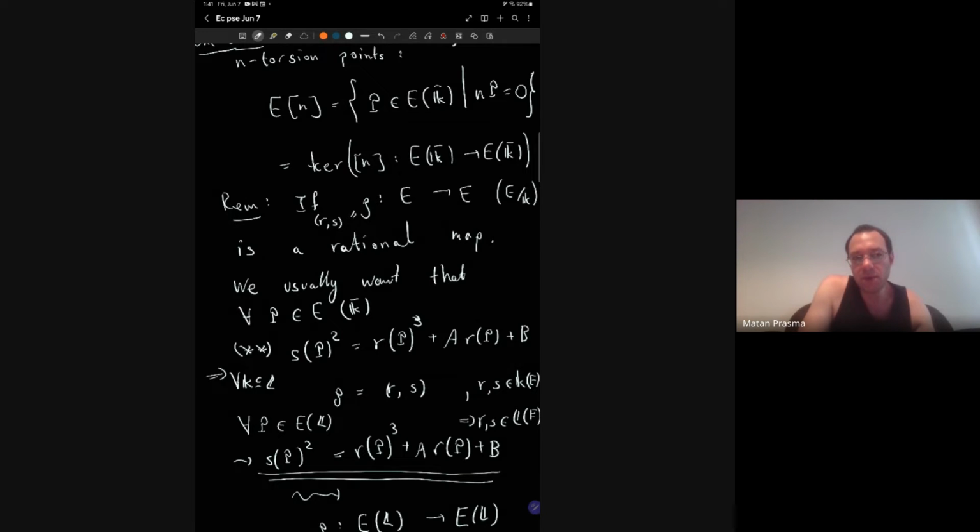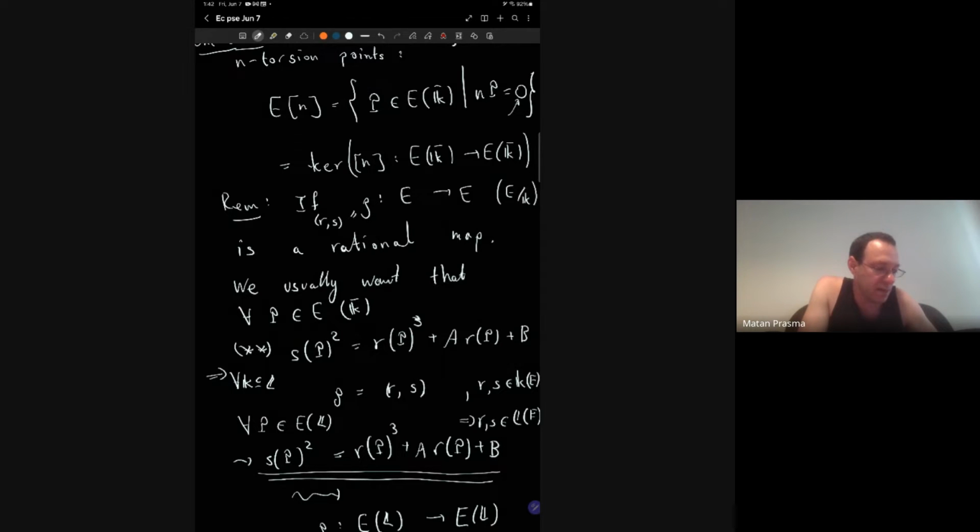You can define the addition of two points by quotients of polynomials, I mean, by rational functions. So multiplication by n map is a rational map. And the kernel of a rational map is simply all the points that go to the point at infinity.